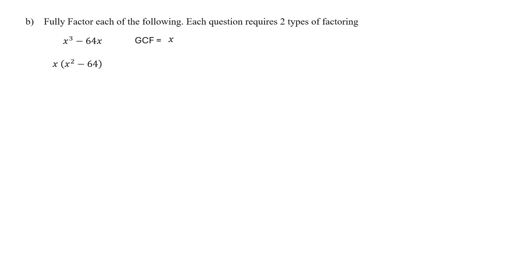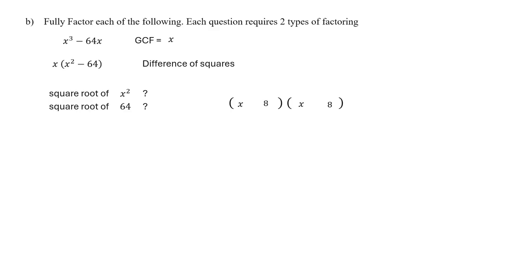So we can continue factoring a bit more. Square root of x squared is x. Square root of 64 is 8. Put in our positive and negative signs. But we can't forget the greatest common factor of x, which we need to put in front of the brackets for our completed answer.